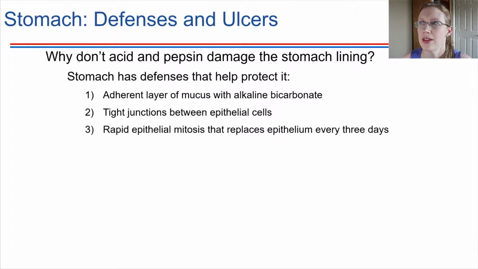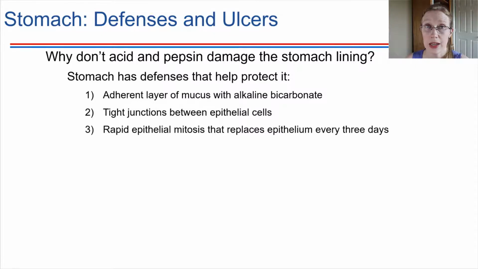So a couple of other things come into play. The mucus in the stomach actually has a lot of bicarbonate ions in it. And it's a mucus that's particularly sticky. It tends to stick to the epithelial cells. So that helps to provide a basic lining to the stomach, which neutralizes the protons that come in very close contact with it.